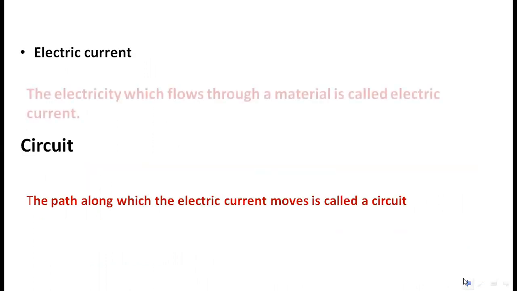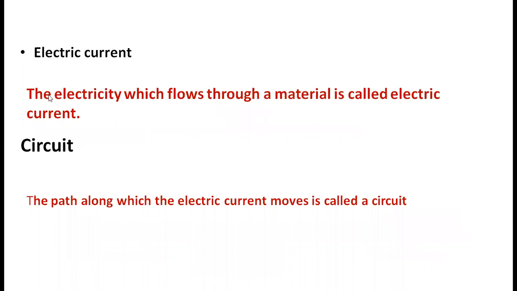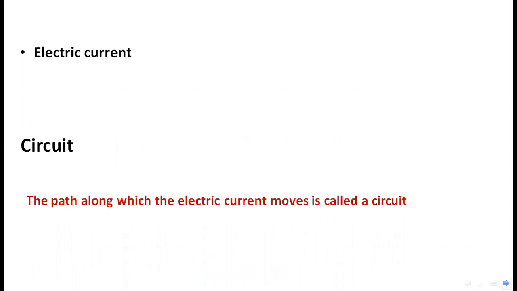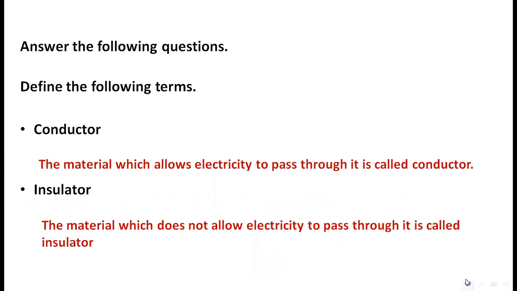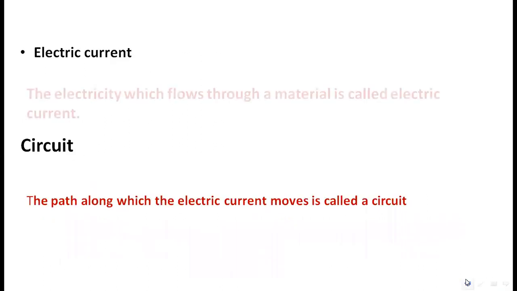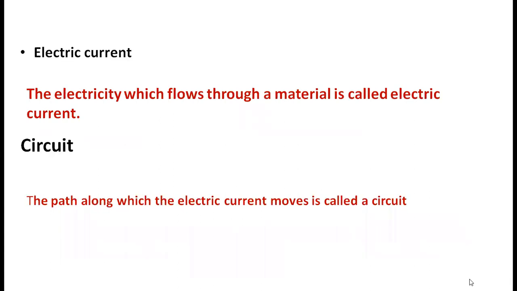Next is electric current. The electricity which flows through a material is called electric current. Circuit, the path along which the electric current moves is called a circuit. These are the definitions of conductor, insulator, electric current, and circuit.